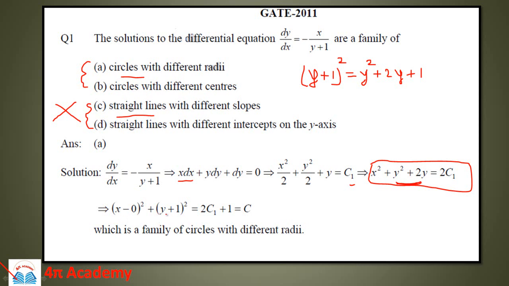So for every value of x and y you get a different value of radii as c, and hence you have a family of circles, with a large number of different radii and not different centers. So the option A is correct.